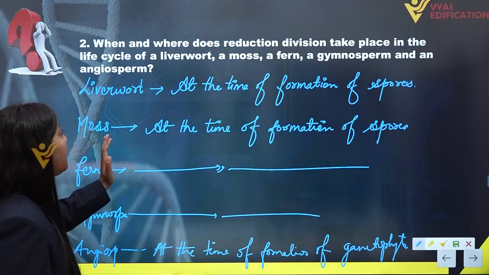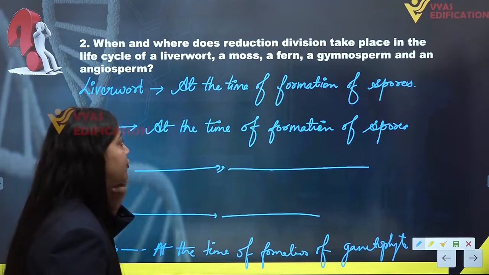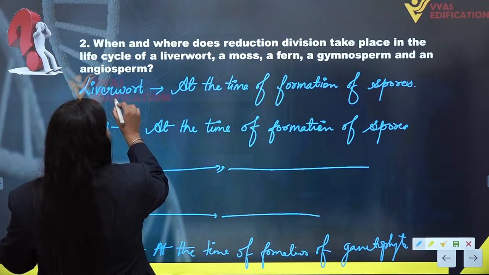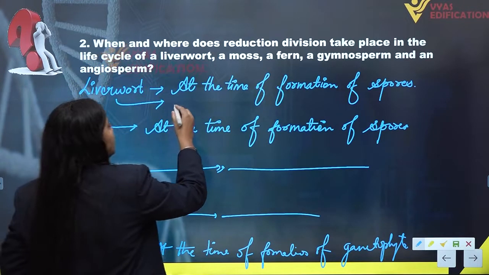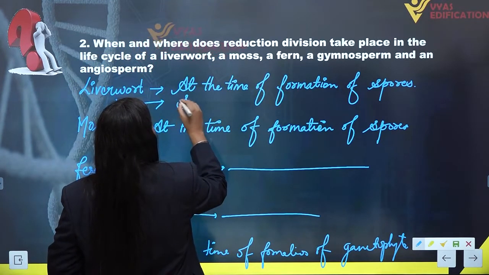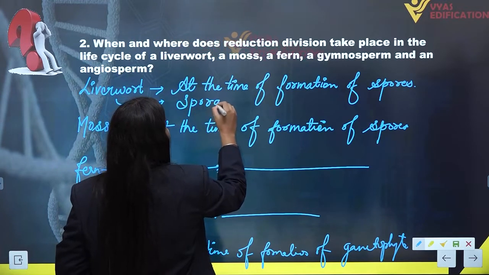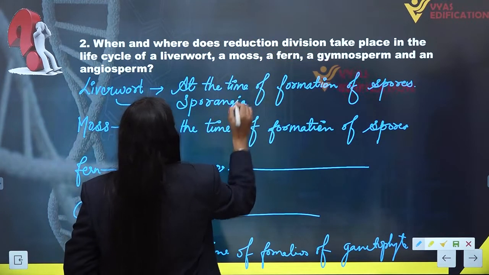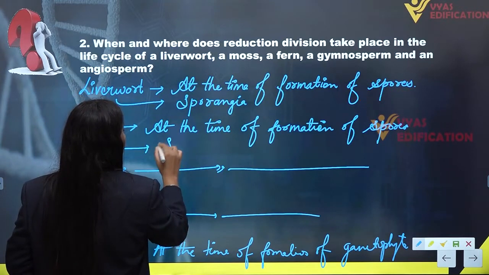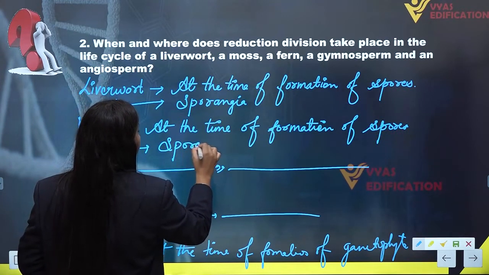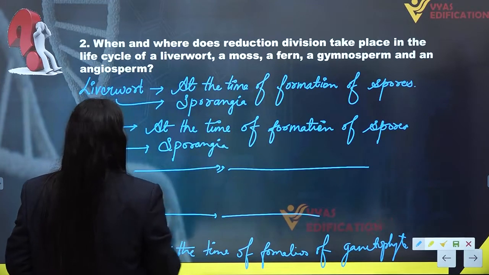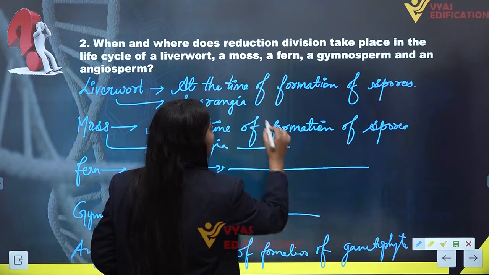And if we talk about the place where the reductional division takes place, then we know that in liverworts, sporangia is the site. In moss, it is obviously sporangia, which are present on sporophyte only.